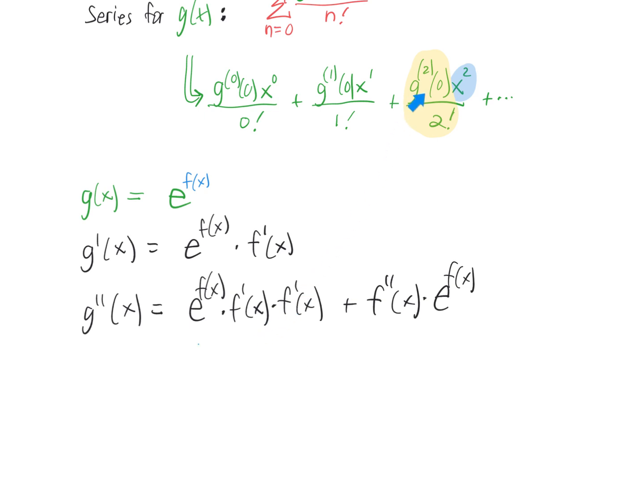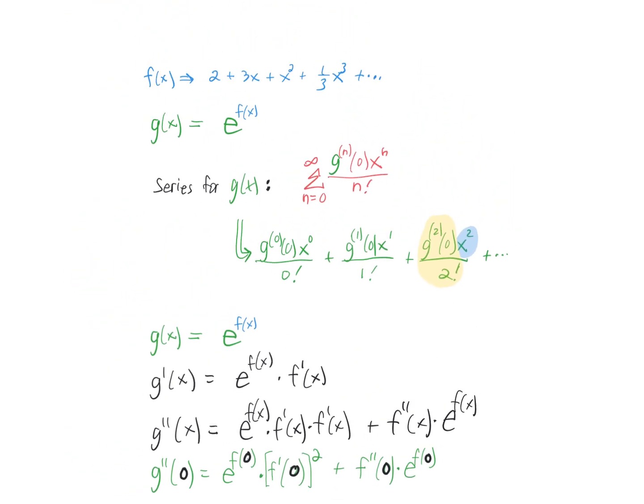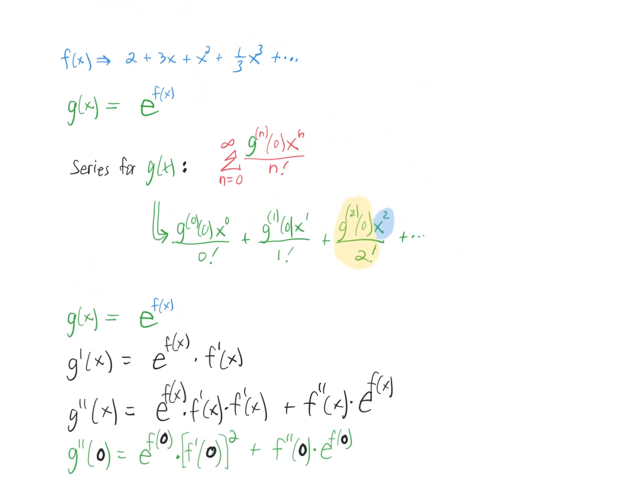Well, we need to know the second derivative when x is equal to 0. So let's just find this expression when x is 0. Let's evaluate all this, which we should be able to do with the information that we have up here. Starting with f of 0, that is all zeros plus 2.